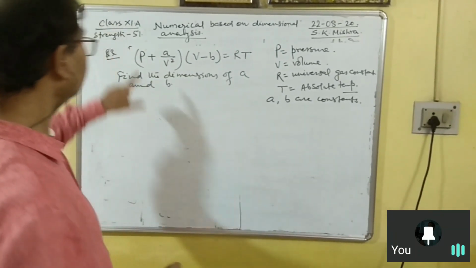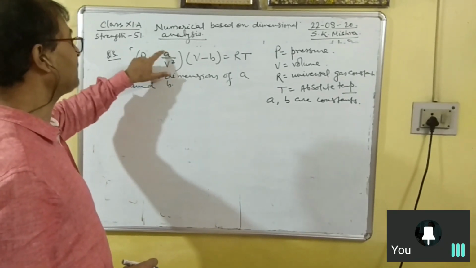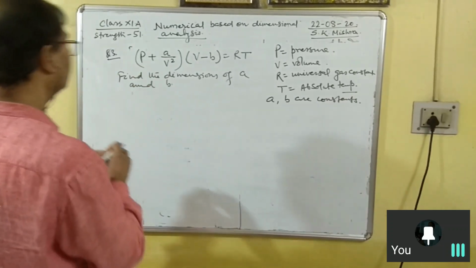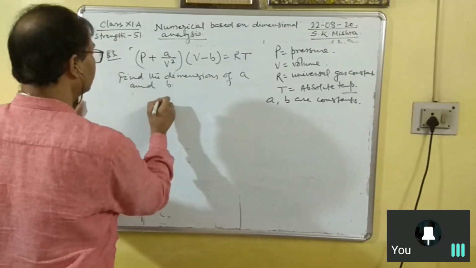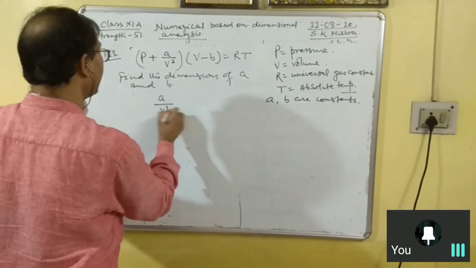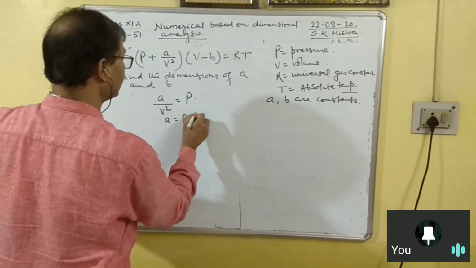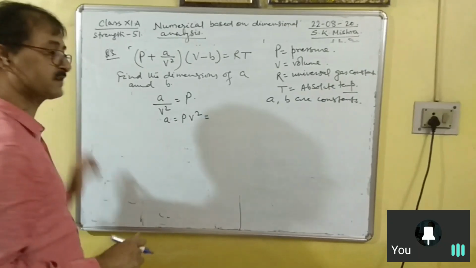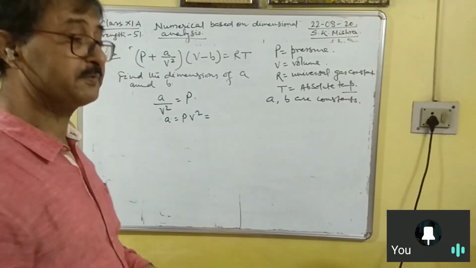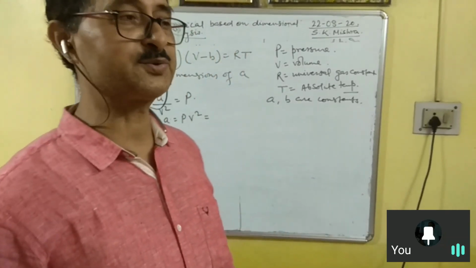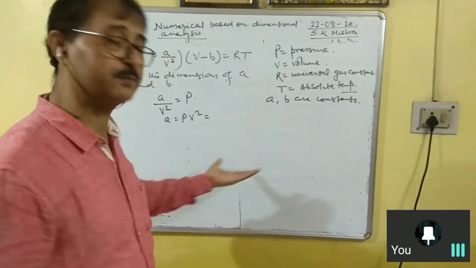So then, if P is pressure, A by V square must have the dimension of pressure. To find the dimension of A, we equate A by V square equal to P, so A equals P into V square. Now you know the dimension of pressure, the same as the dimension of Young's modulus, a stress: force by area.